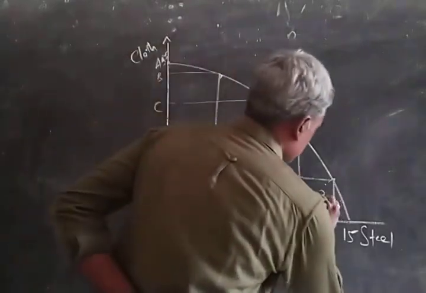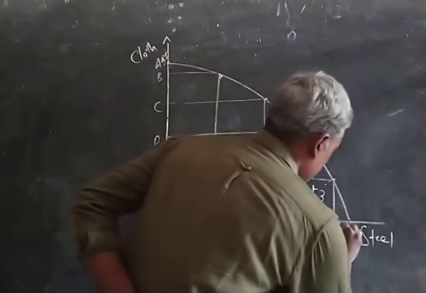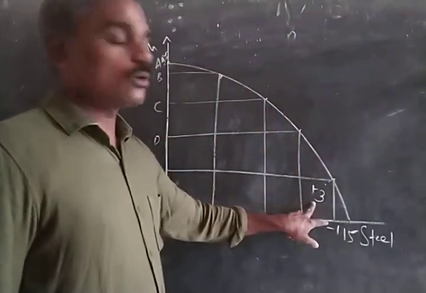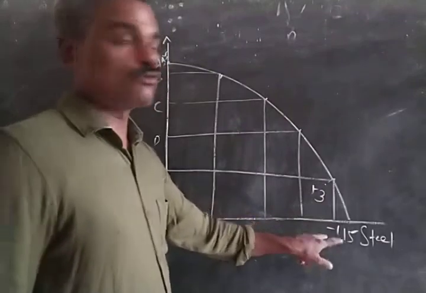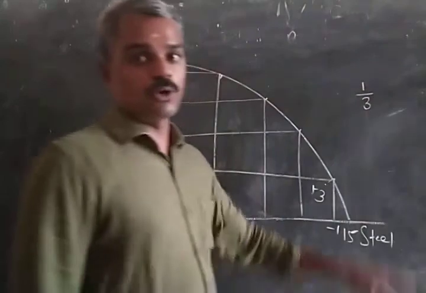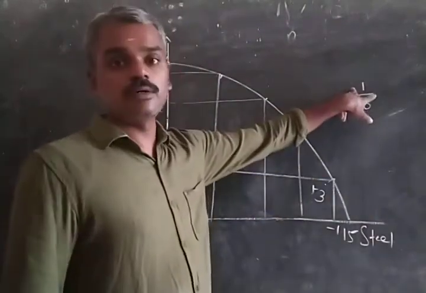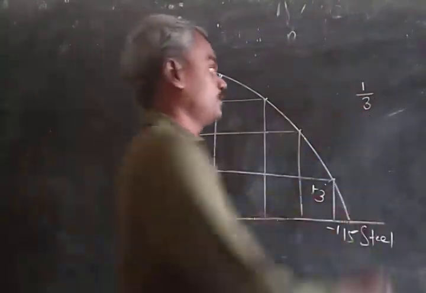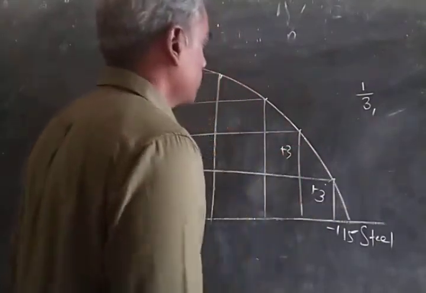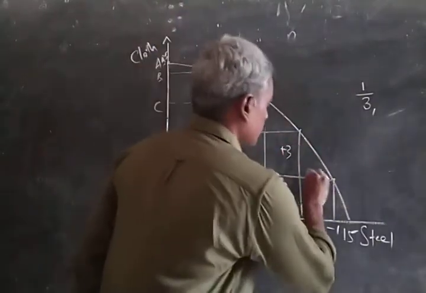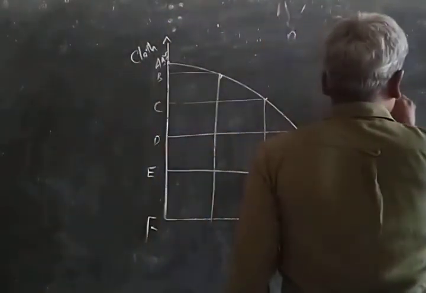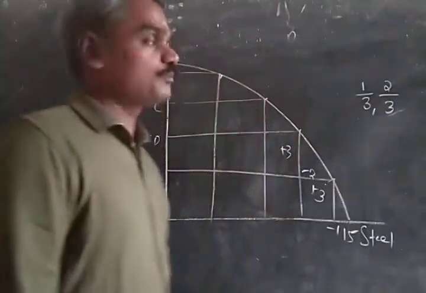This is the gain in cloth and this is the loss in steel. 3 cloths are produced at the cost of 1 steel, so 1 by 3 is the opportunity cost. Second one, again it is increasing 3 units of cloth, but here 2 units of steel are sacrificed. So your opportunity cost becomes 2 by 3.